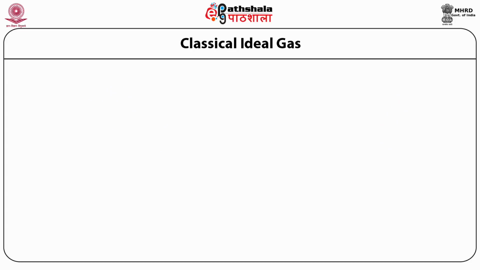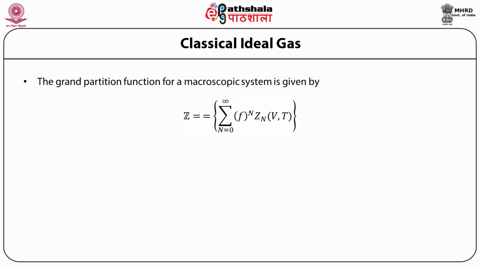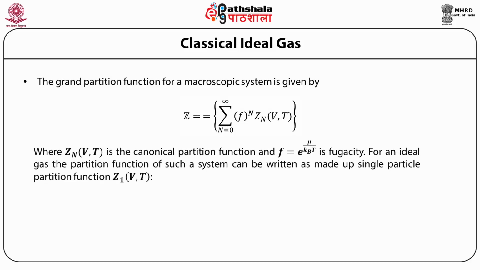Classical ideal gas. The grand partition function for a macroscopic system is given by Z is equal to the summation over N = 0 to infinity of f^N Z_N(V, T), where Z_N(V, T) is the canonical partition function and f = e^{μ/k_BT} is called fugacity.